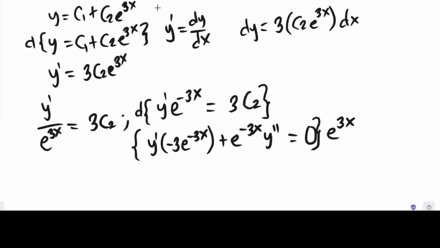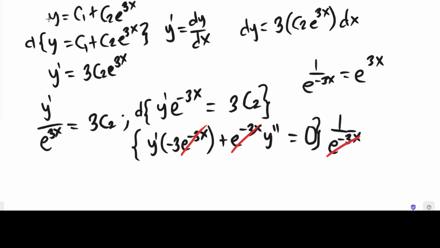Or if you're not comfortable with this one, we can do this: 1 over e raised to negative 3x, which is also equal to e raised to 3x. Whichever you are more comfortable with, that's what you should be using. So this one will now be cancelled.